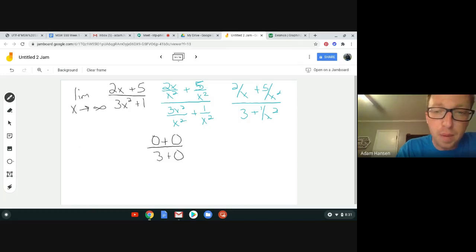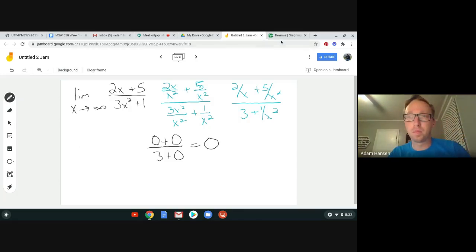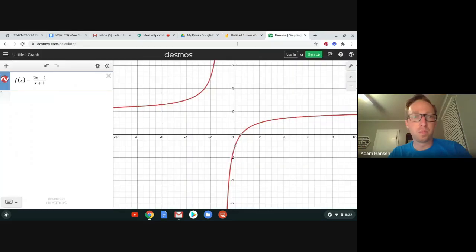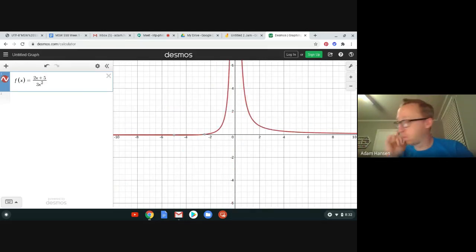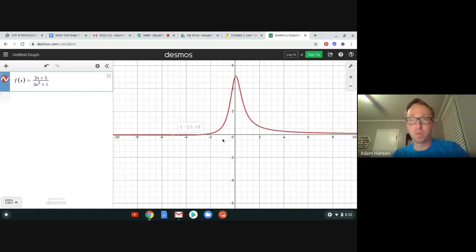That's 0 divided by 3, which is 0. As x approaches infinity, this function tends to be equal to 0 pretty quickly.